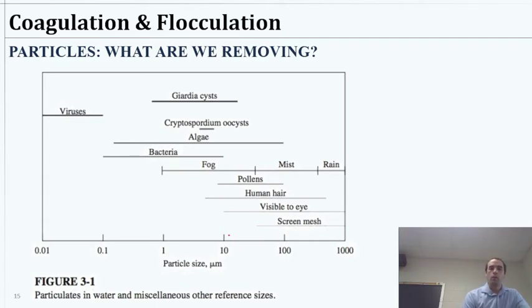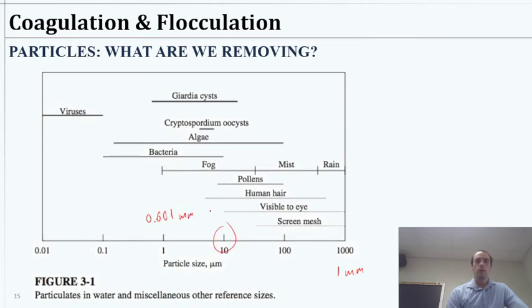And if we look back at that problem, we said we had 0.01 millimeter particles. That would be 10 micrometer particles, right? So if 1,000 micrometers is 1 millimeter, right? And so this would be 0.001 millimeters.